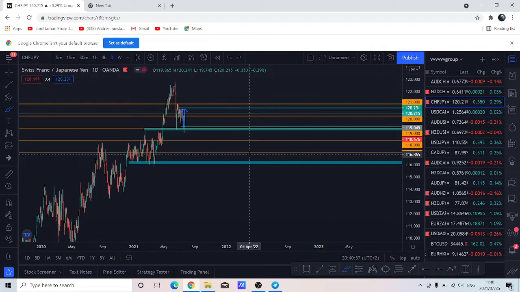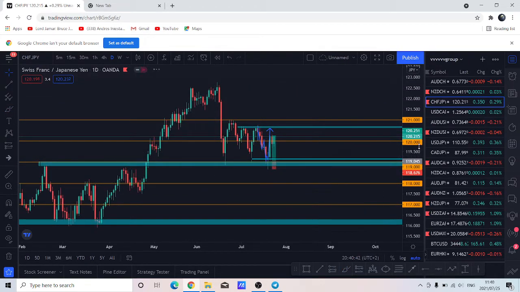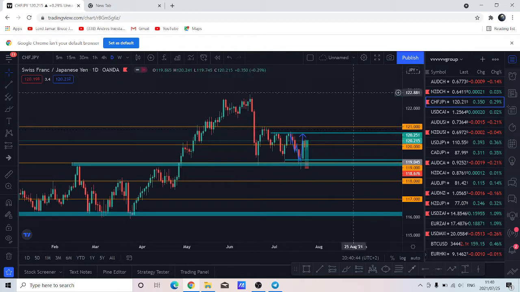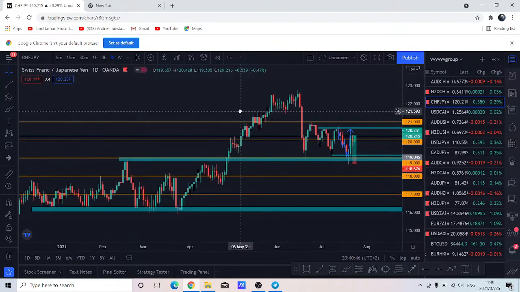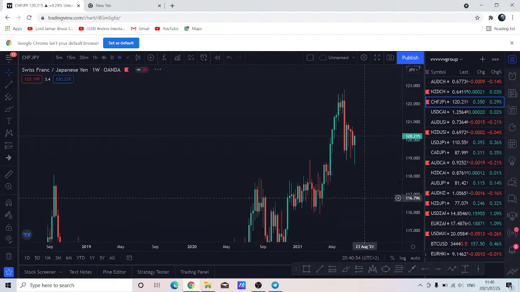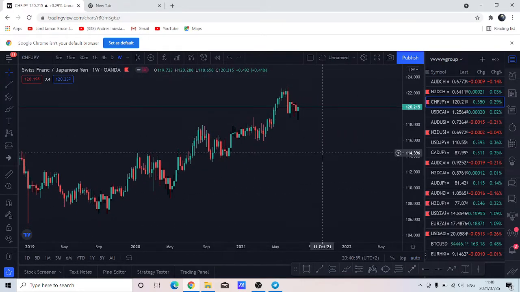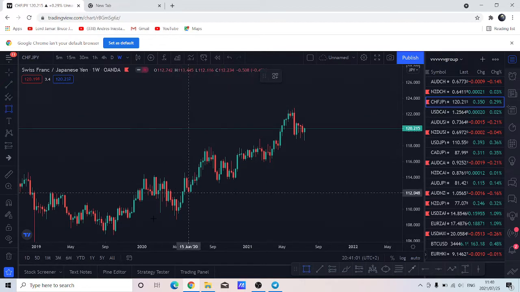All right. So as you can see, all of the markups are there, but I will just remove everything so that I will start from scratch. And obviously, I always start on the weekly time frame. So on the weekly time frame, what I'm going to be doing is marking my key levels.